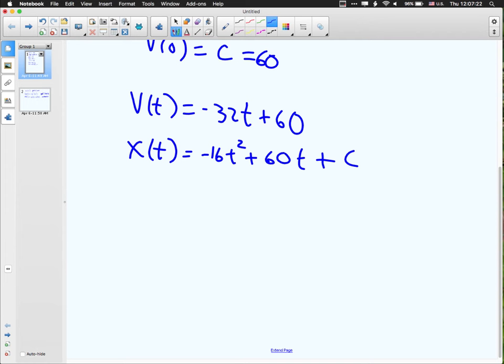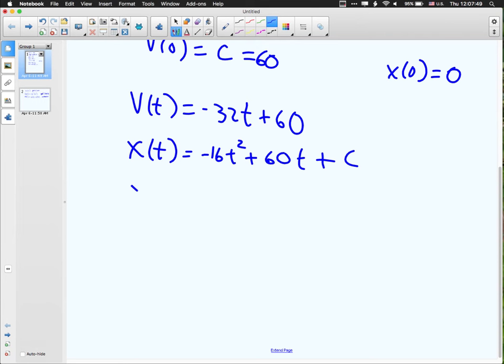Well, x of 0, you know the initial position. What's the initial position? When t equals 0, it's at 0. Yeah, it starts on the ground, they said. So initial position is 0. And probably more appropriately, I should have been using y of t, because we're talking about up and down, not side to side. But doesn't matter.